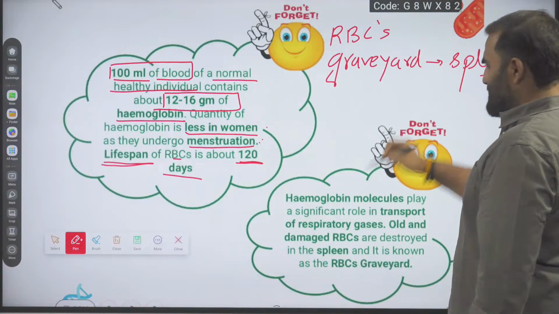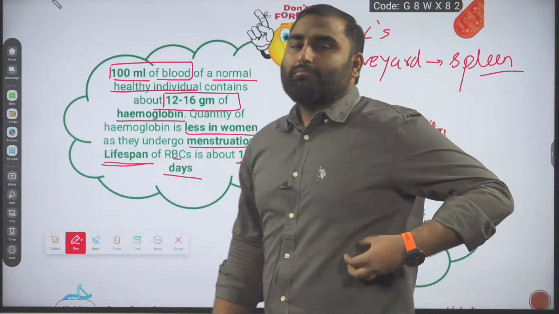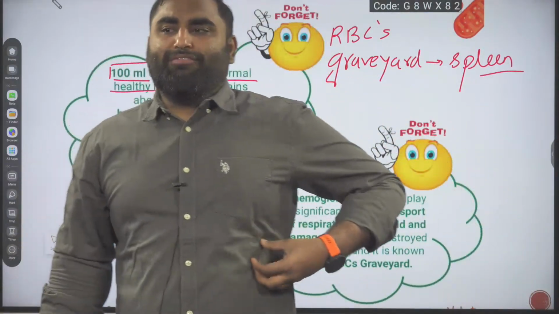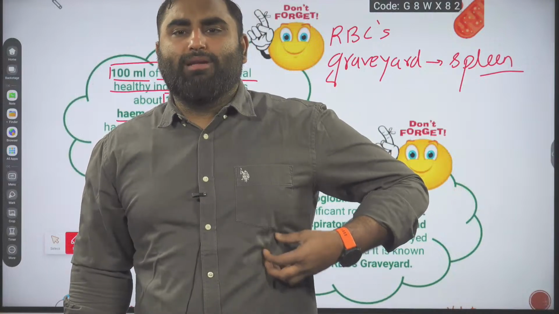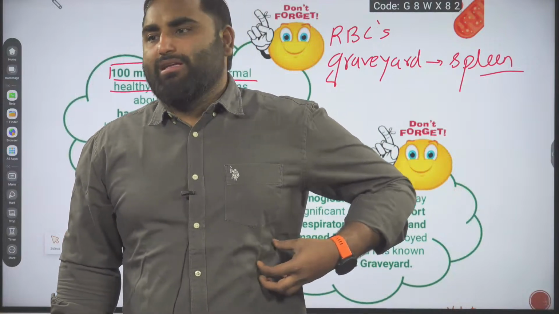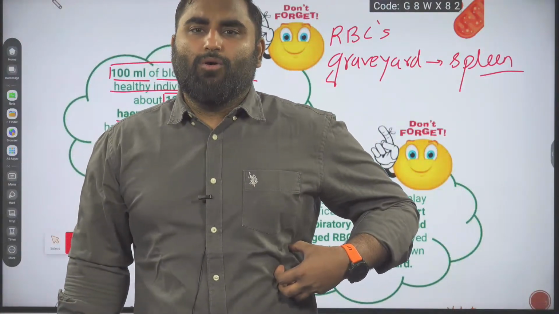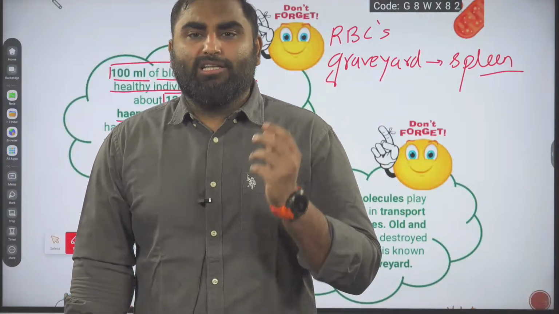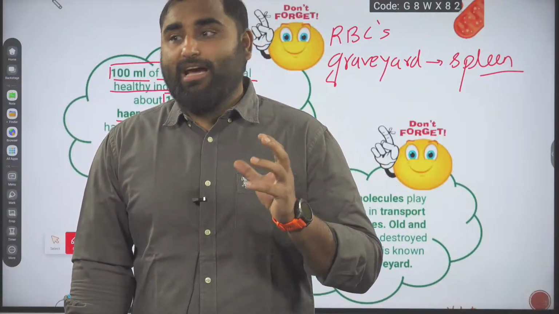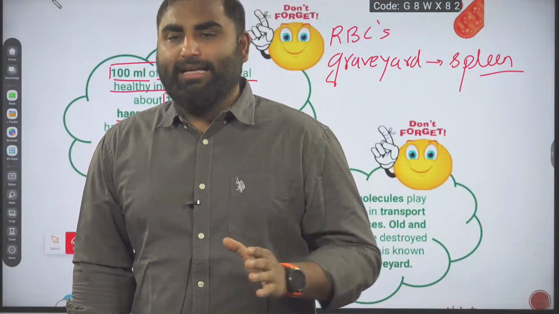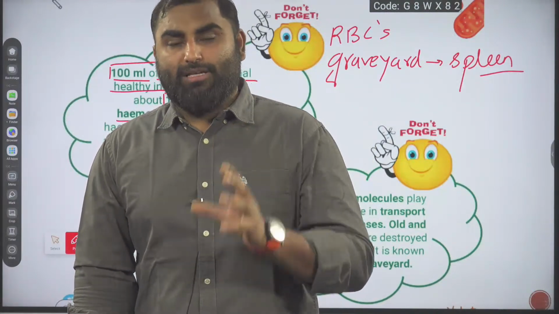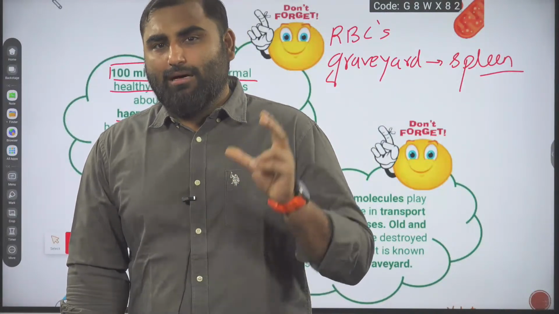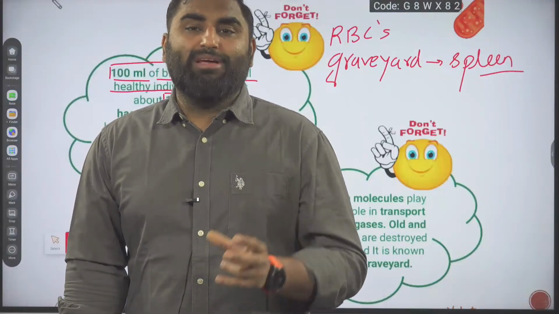The spleen is present on the left hand side, in the upper abdominal segment on the lateral side. The spleen will destroy the RBCs which have completed 120 days. The WBC macrophages can recognize the old worn out RBCs.